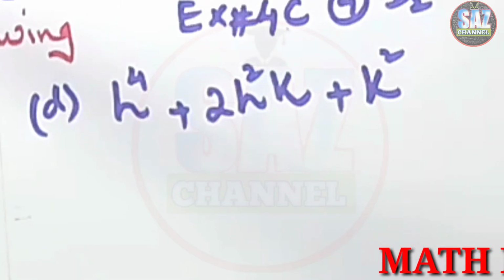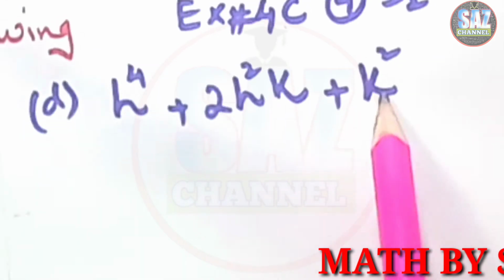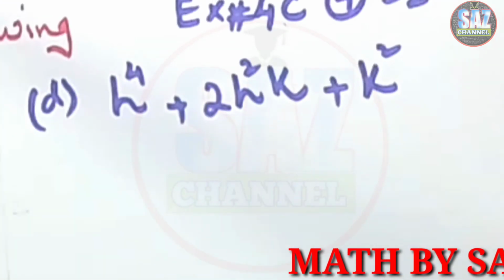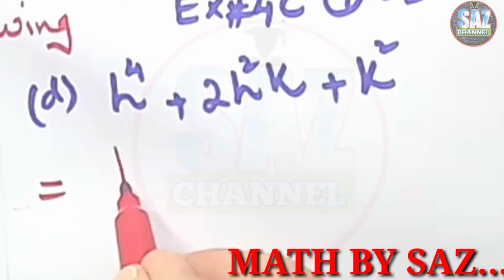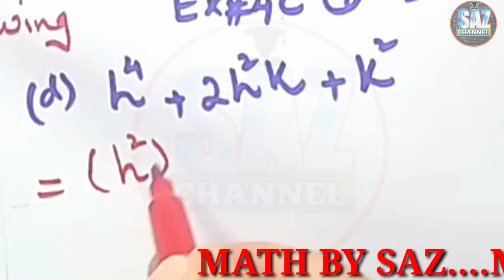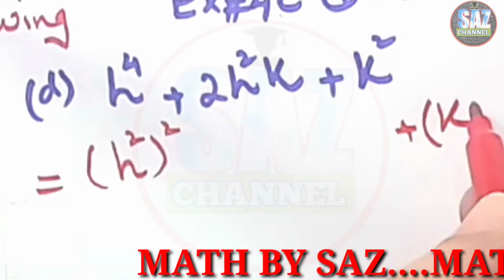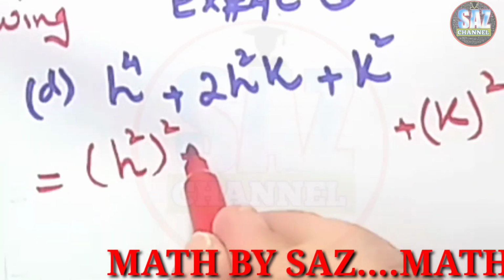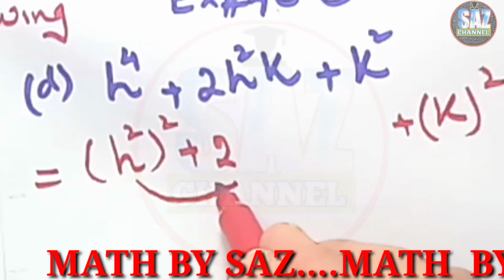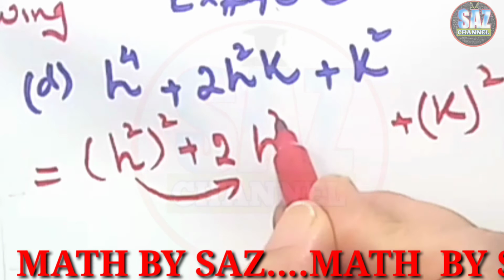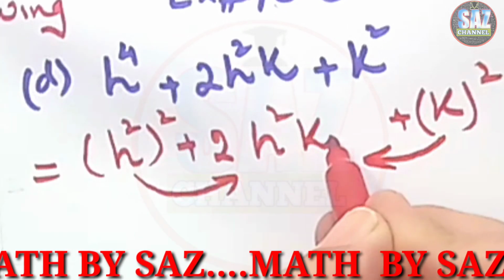The last part is h4 plus 2h square k plus k square. So express it in the form of the identity: h square whole square plus k whole square plus 2 into a from the first bracket, that is h square, and b from the second bracket, that is k.